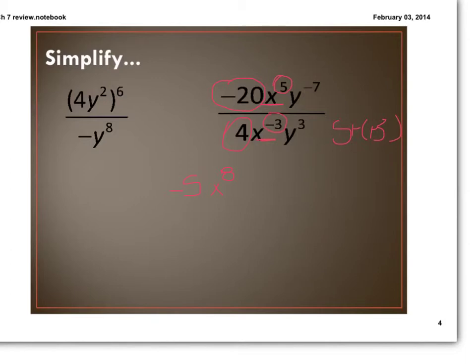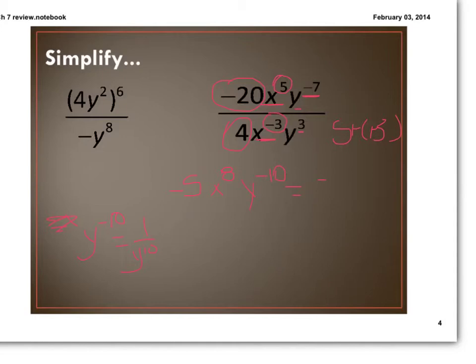And then y to the negative 7th divided by y to the 3rd. Negative 7 minus 3 more would be y to the negative 10th. And y to the negative 10th, we would have to write as its reciprocal. So that's going to equal 1 over y to the 10th.